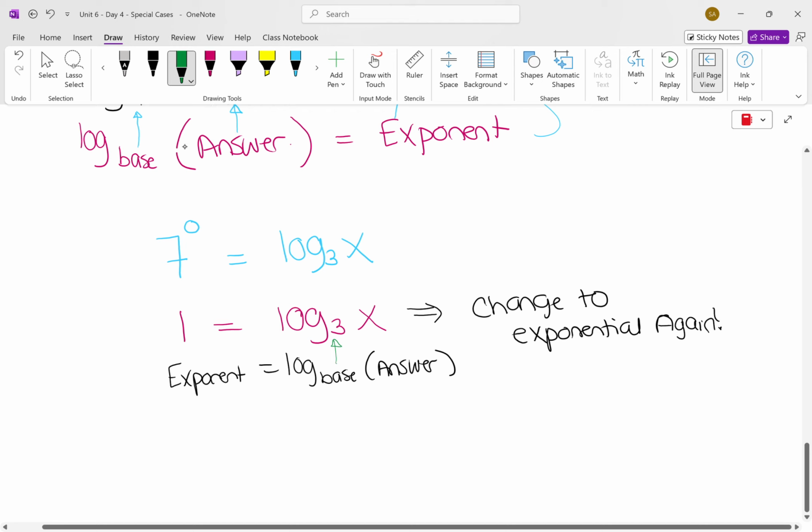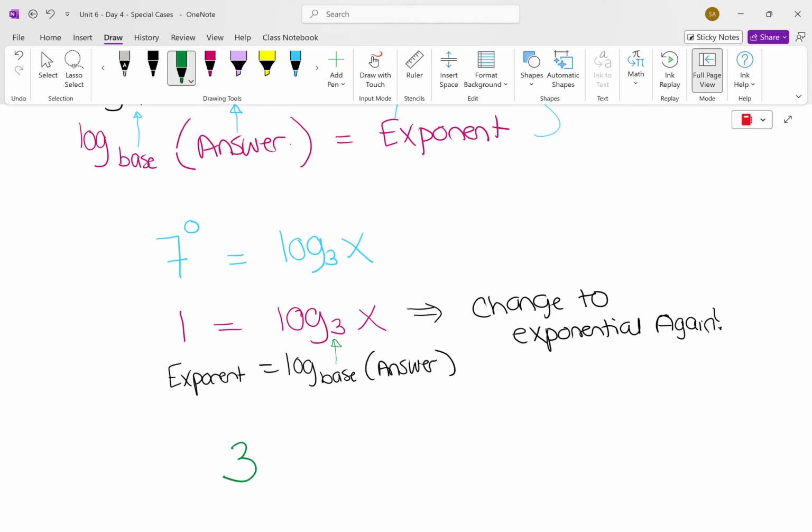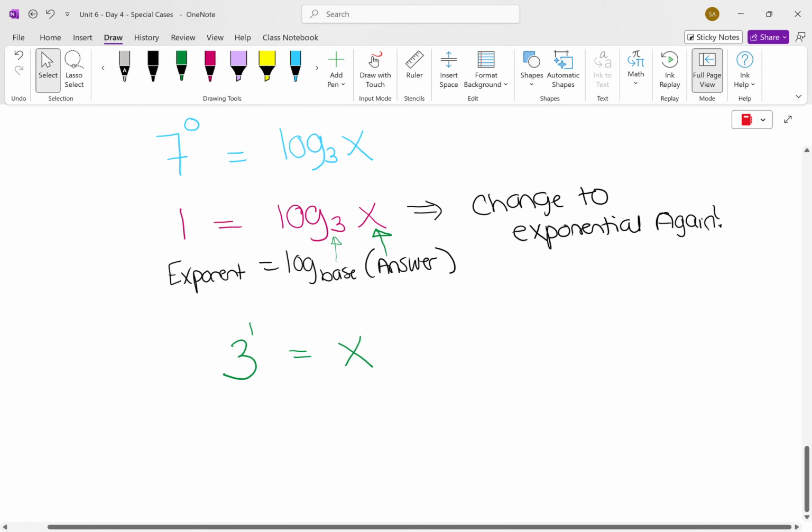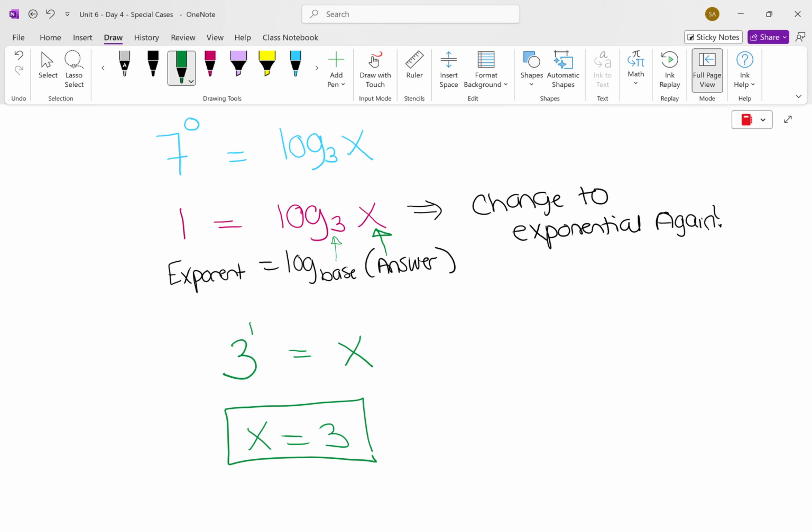What's my base this time? 3. What's my exponent? 1. And what's the answer? x, right? And what's 3 to the first power? 3. So x is equal to 3. We're done.